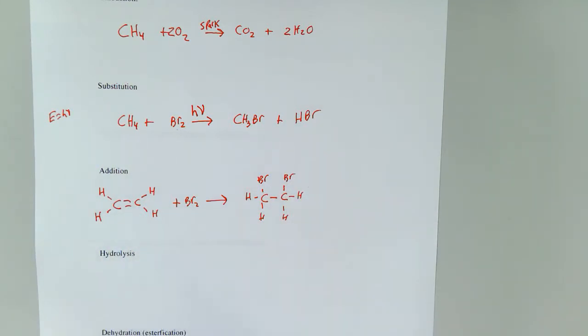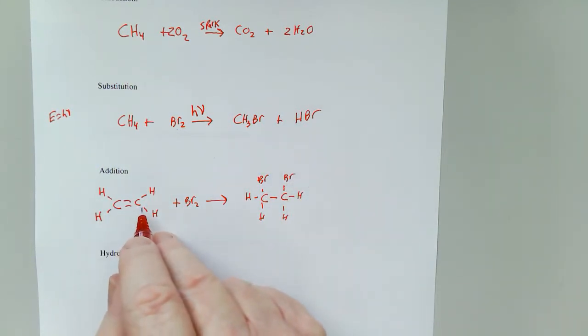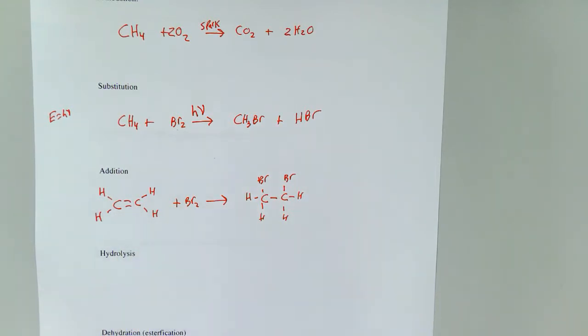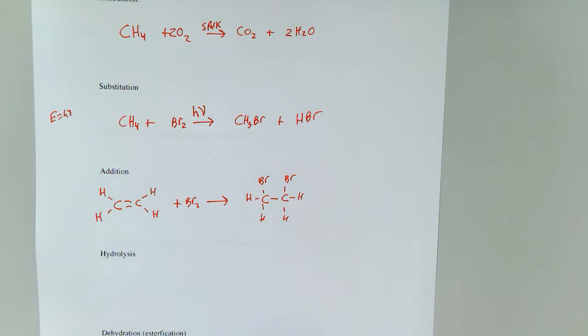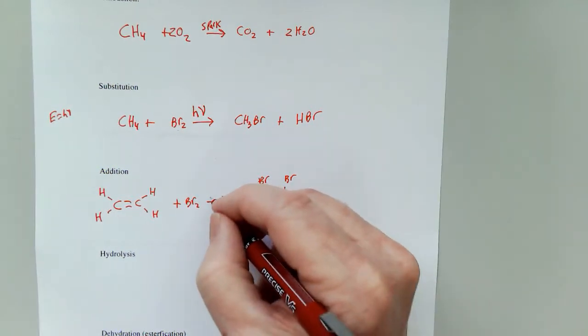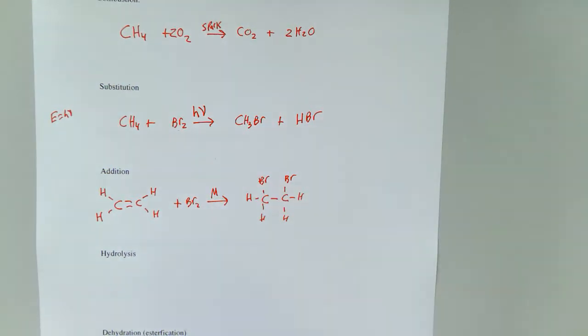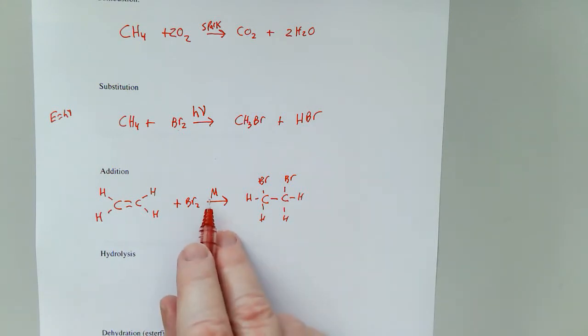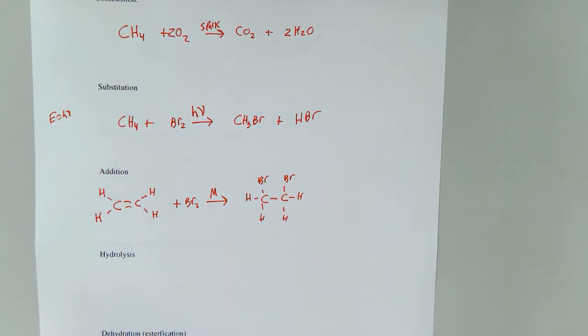Because when that double bond breaks, there's an electron on this side, there's an electron on that side, or one on this carbon and one on that carbon, and that's the spot where the Brs add on. That takes a metal, and a metal meaning something like platinum or palladium or rhodium. A non-reactive metal is the best catalyst for that.